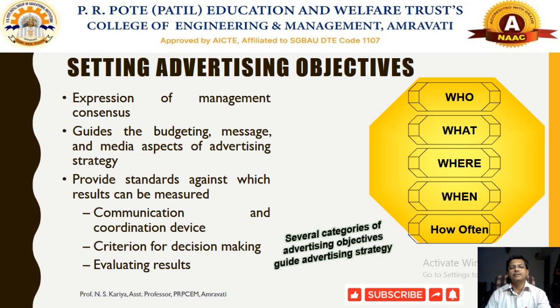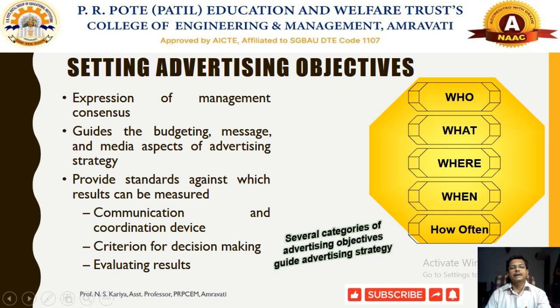There will be plenty of advertising objectives for any advertisement program, but how do we measure them? By using some sort of result, so that we can set the standard and achieve some specific objectives with respect to that particular advertising.